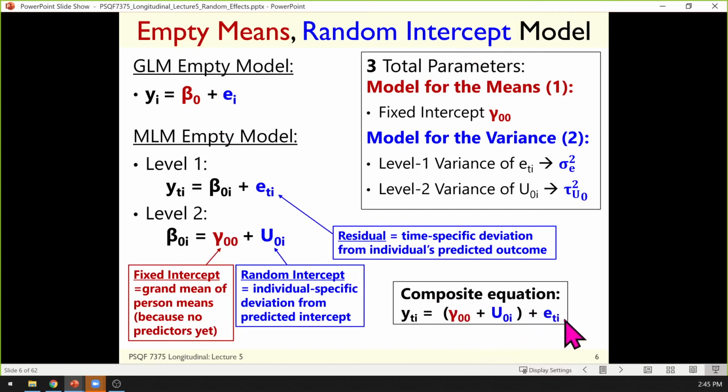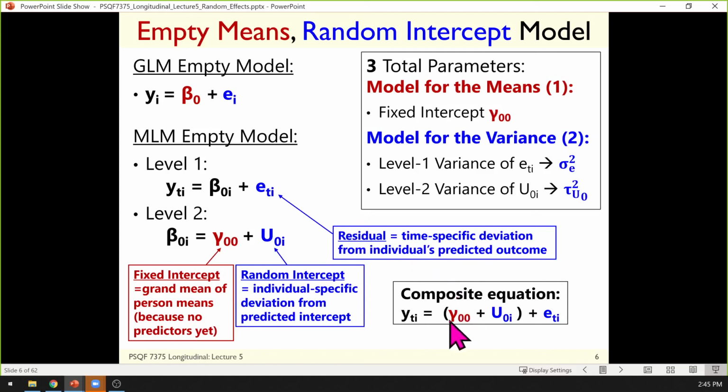This is what I have, 3 things. In parentheses is what beta 0 I represents, the fixed intercept plus the random intercept. What everybody gets plus how I deviate from the average. That's my intercept. And then E is how far off I am at this occasion from my intercept.